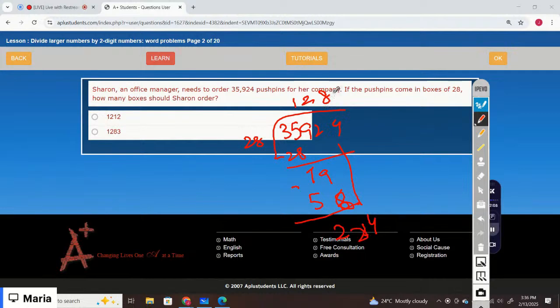That is 28 times 8 is 224. Okay, so the correct option is option number 2, which is 1283.